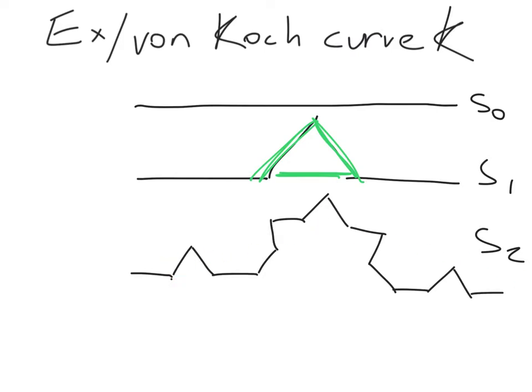So what we're seeing is a type of snowflake growing from what we started with, which was a line. And then these get little bits. Oh, this is very hard to draw. So imagine this curve continuing to get more and more complicated as we approach the von Koch curve.